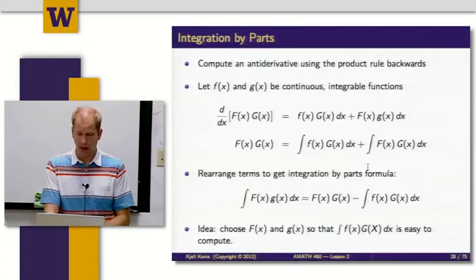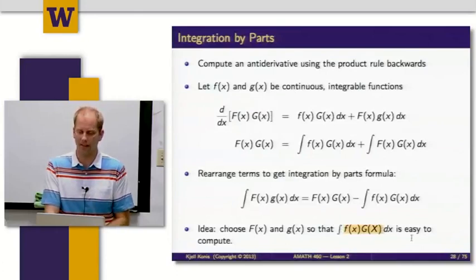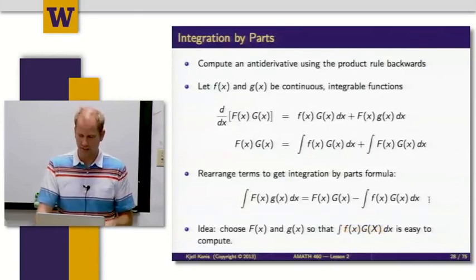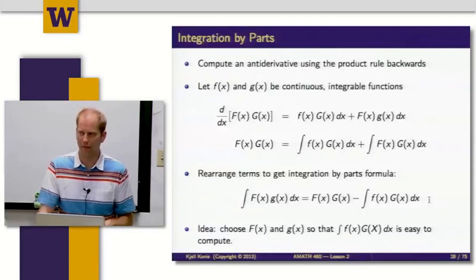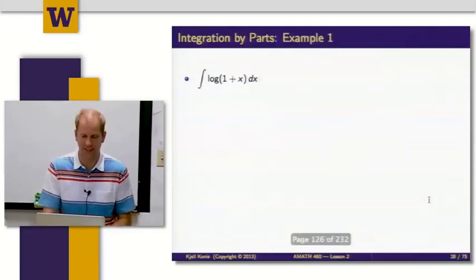So what I'm wanting to do is choose these functions so that this integral is going to be something that's easy to evaluate. And since I'm just stumbling over my words now, I probably should just skip ahead to an example.